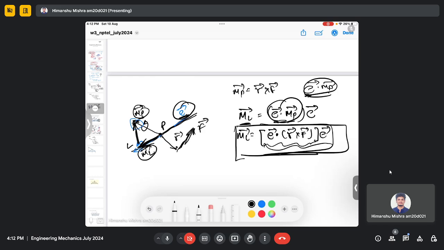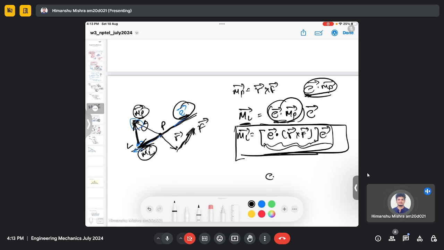But in the slide it was written E dot R cross F, the bracket is not there in R cross F. That's why I told you that E dot R gives a scalar and cannot be multiplied by vector F. Here you have put a bracket in R cross F, and then taken a dot product. In the above equation, you are actually taking the projection of the f vector also.